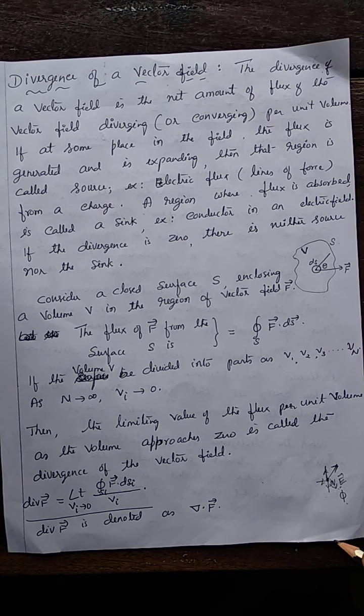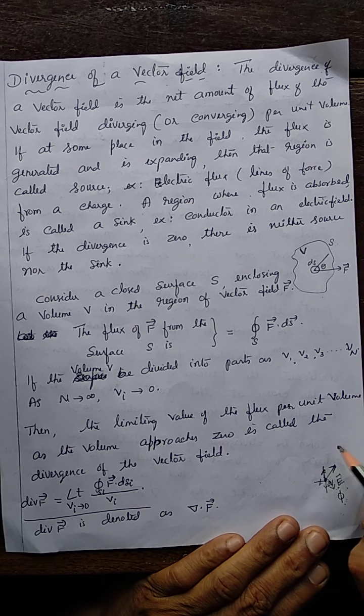This is the example for the divergence of the vector field. The point from where the vector field is diverging is considered a source. Now suppose there is a point at which the vector field is converging.